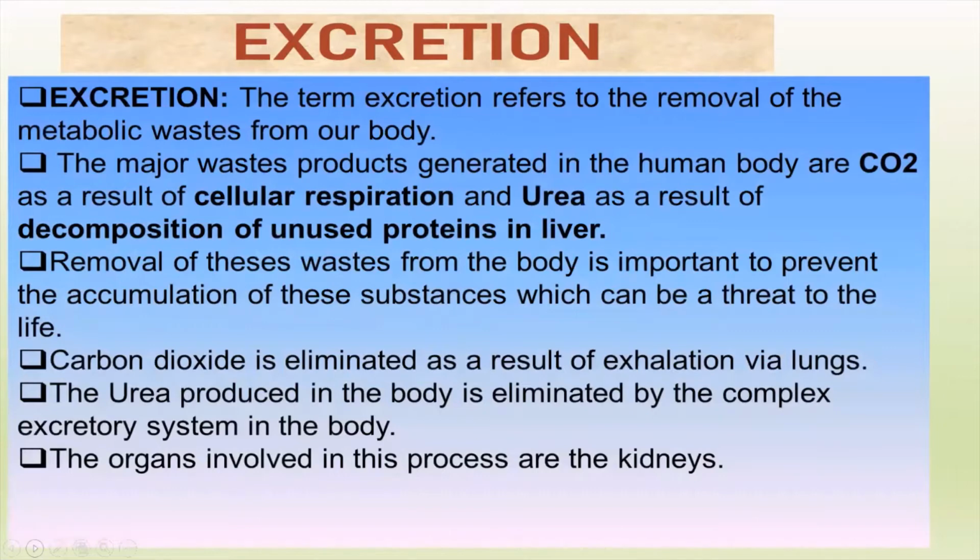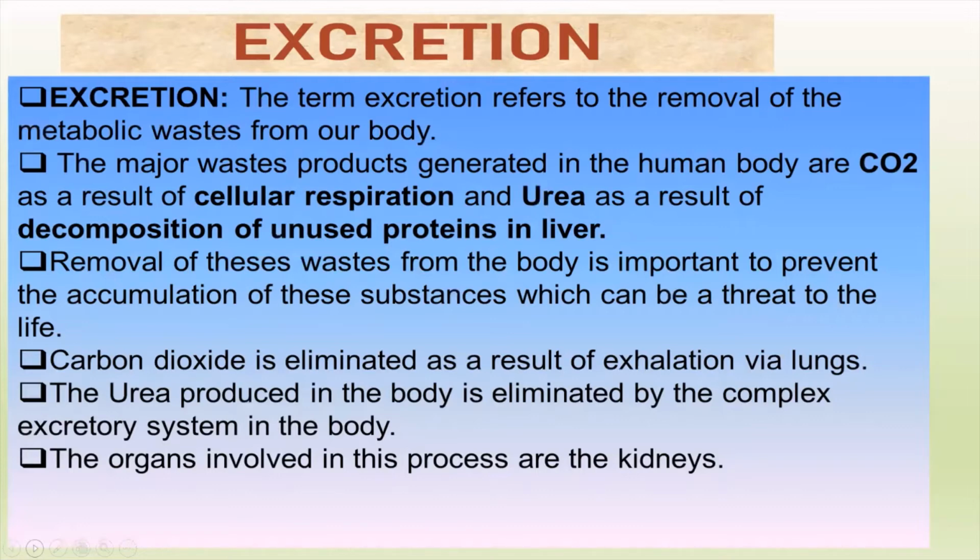Excretion. The term excretion refers to the removal of the metabolic wastes from our body. The major waste products generated in the human body are carbon dioxide as a result of cellular respiration and urea as a result of decomposition of unused proteins in the liver.